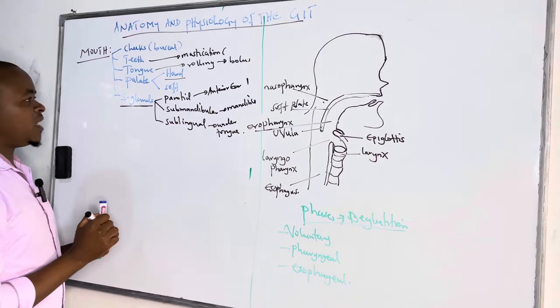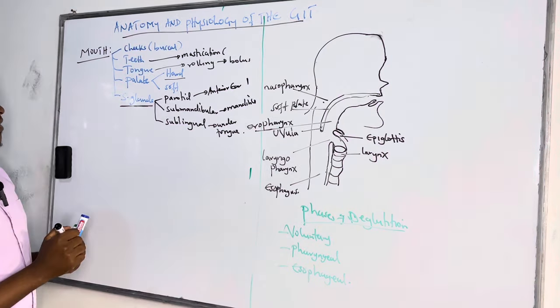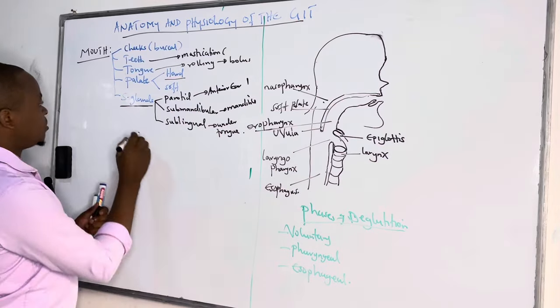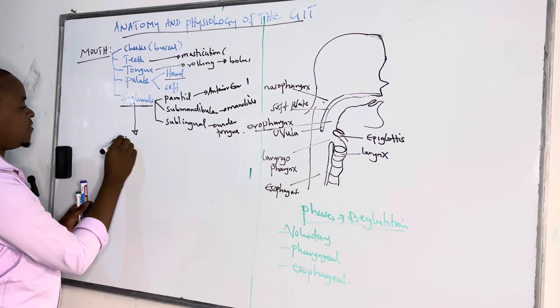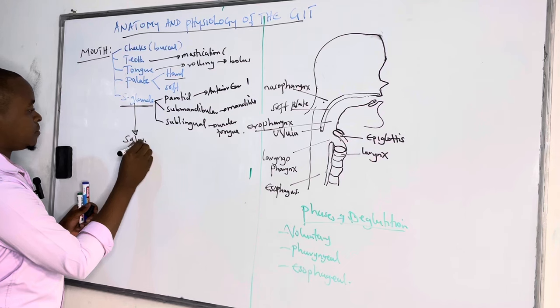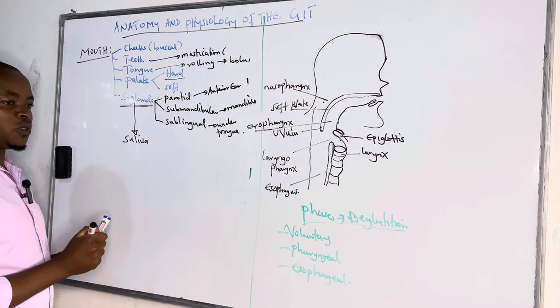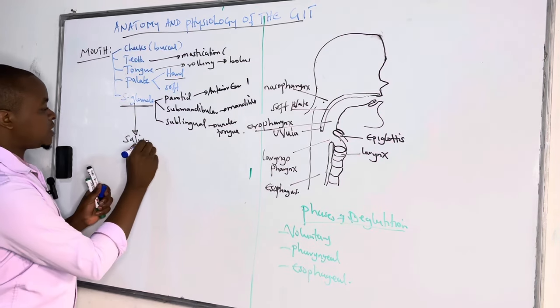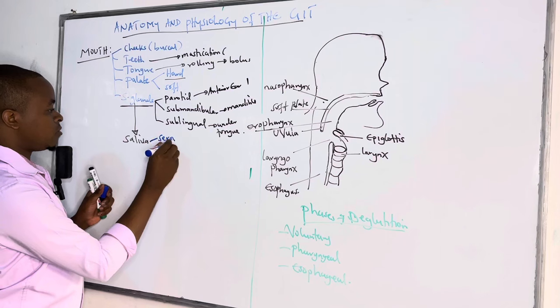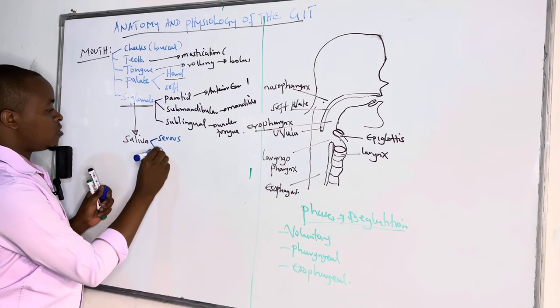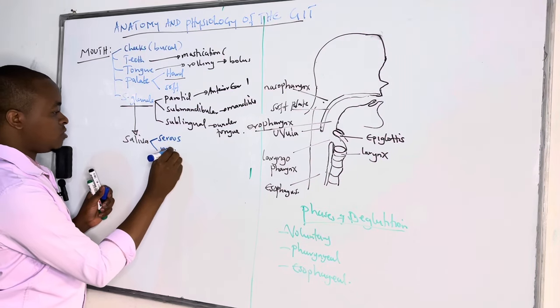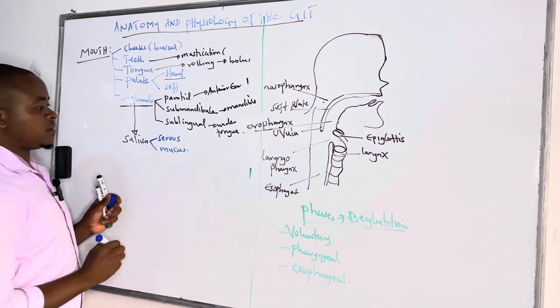These salivary glands play a big role, as they produce saliva. But this saliva can either be in serous form or full of mucus.